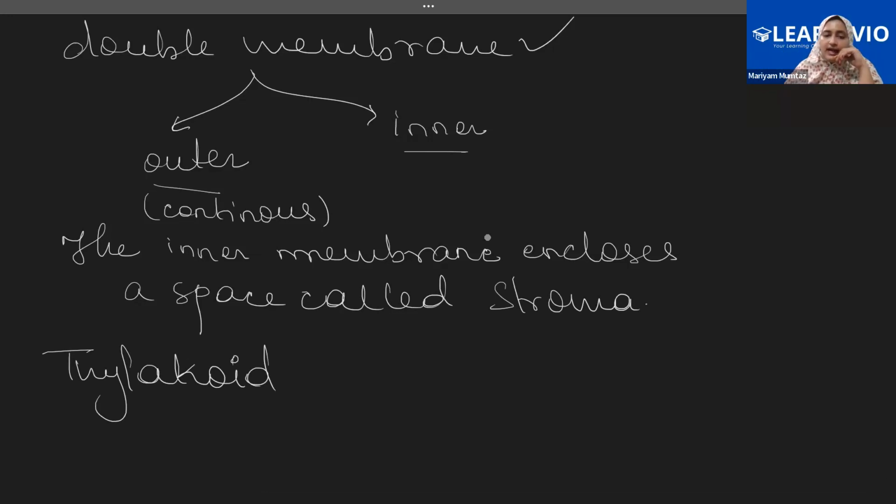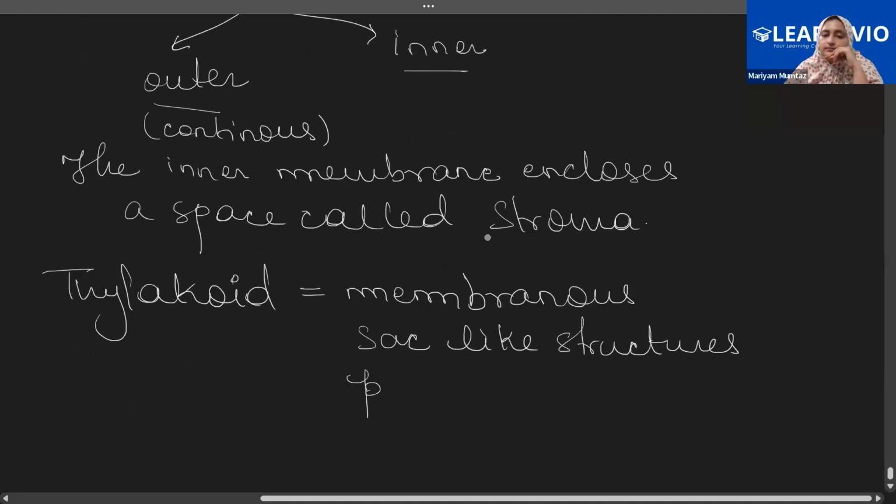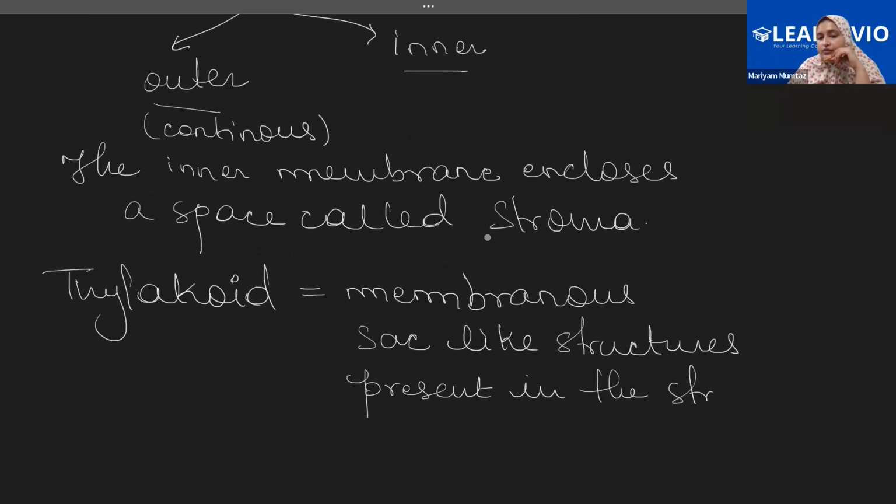Thylakoids are the membranous sac-like structures present in the stroma.